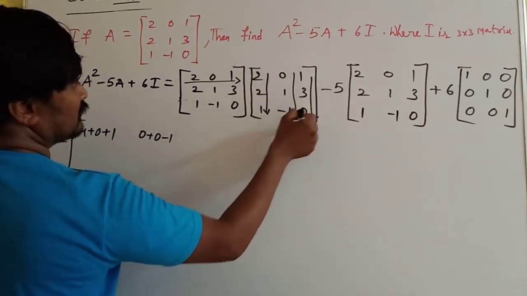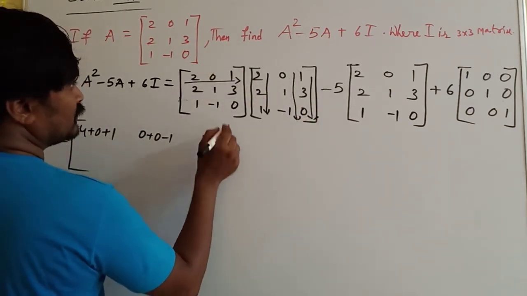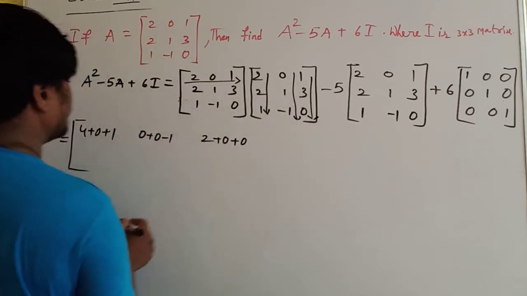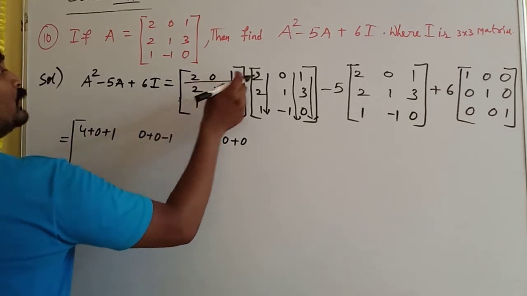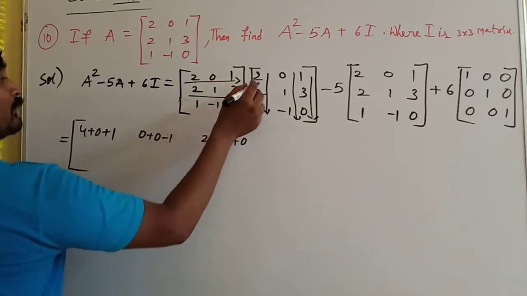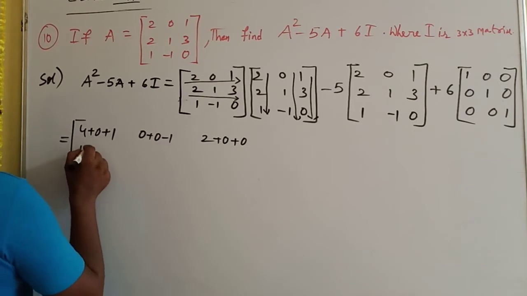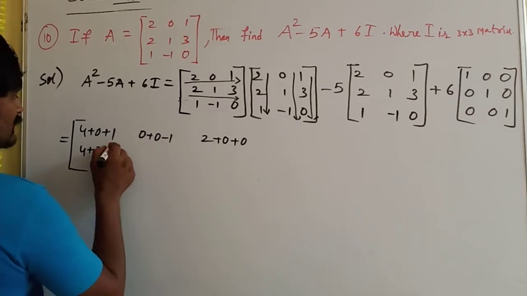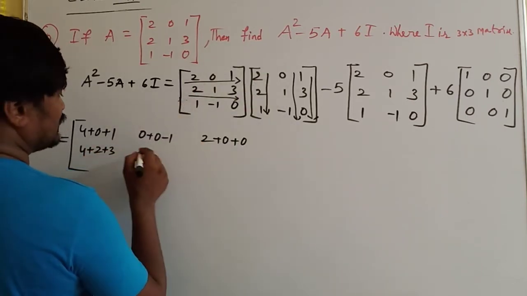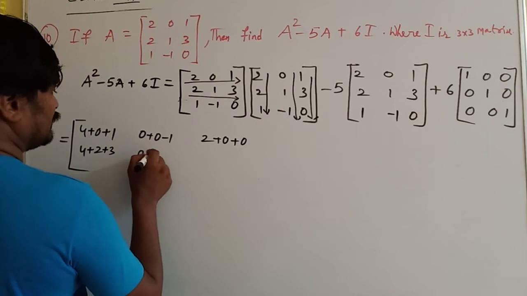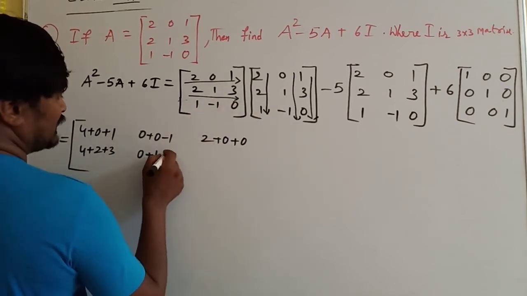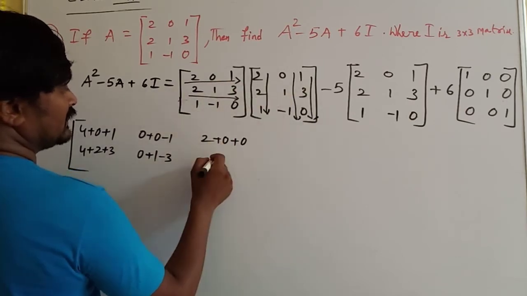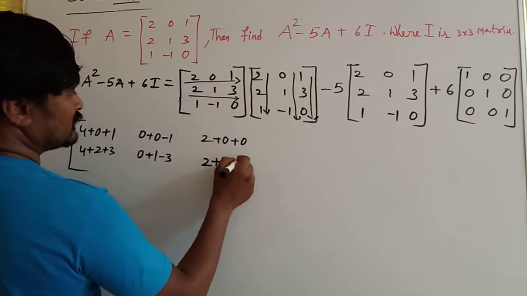Next, same method, third column also: 2 into 1 is 2, 0 into 3 is 0, 1 into 0 is 0. Same method next, second row first column: 2 2s are 4 plus 1 2s are 2 plus 3 1s are 3. Next 2 zeros are 0, 1 1s are 1, 3 into minus 1 is minus 3. Next 2 into 1 is 2, 1 into 3 is 3, 3 into 0 is 0.